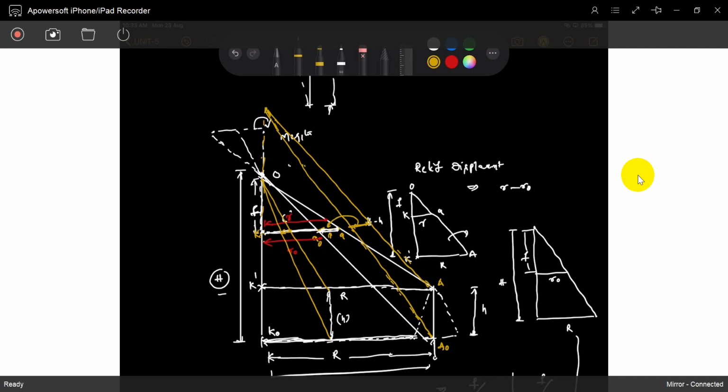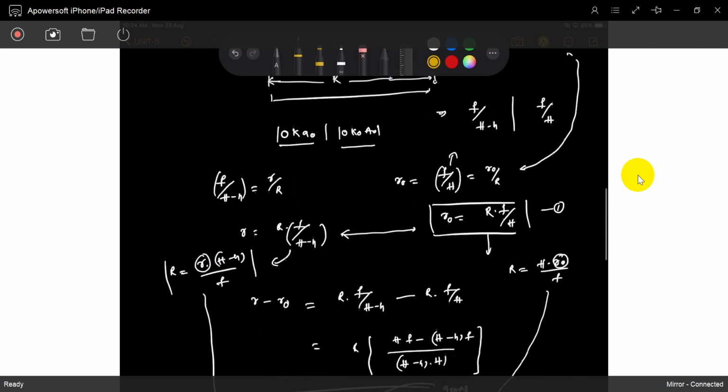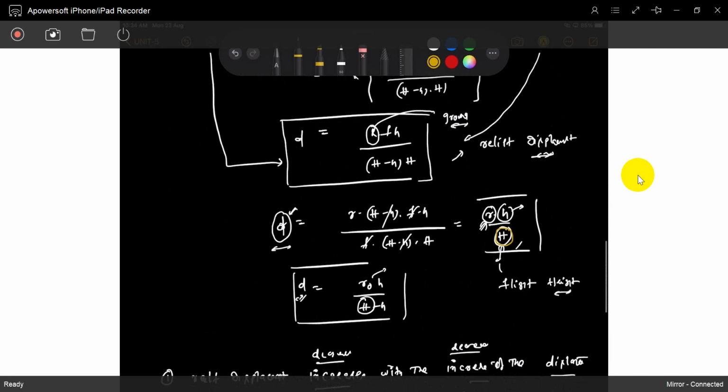The relief displacement is decreasing for the same object and same location when the flying height is increasing, because H is in the denominator. So based on that, we can say one good line: if the flying height is low, the relief displacement is high.